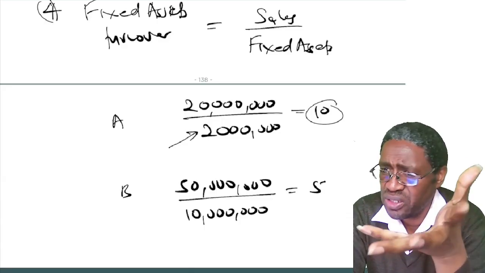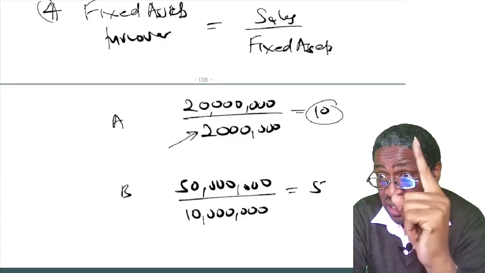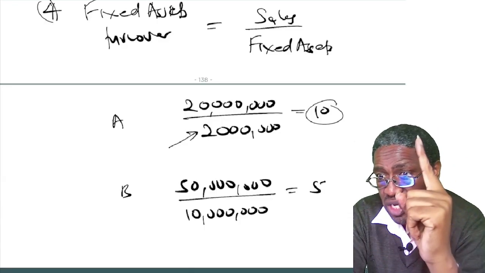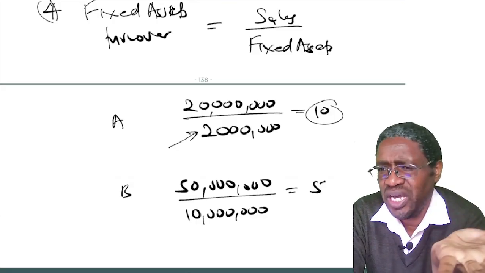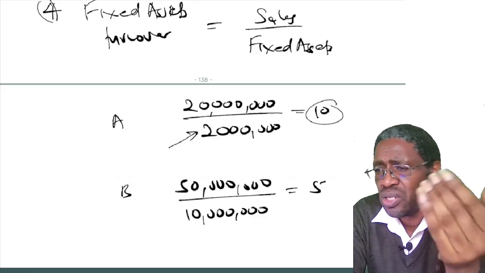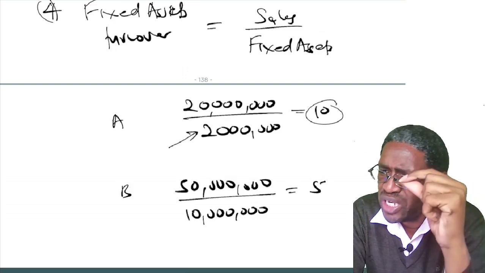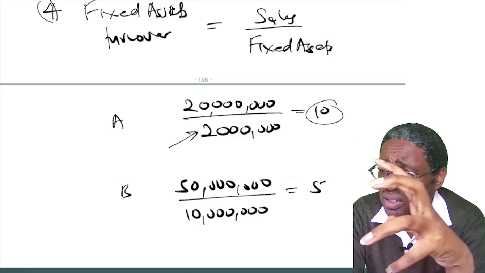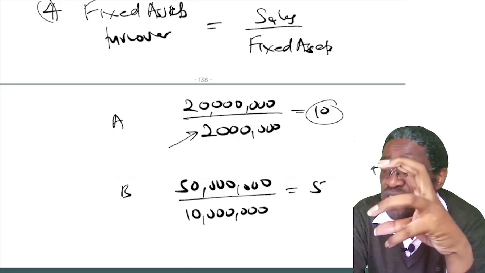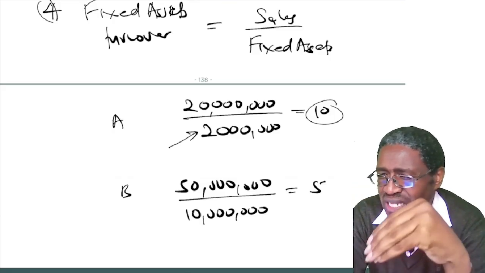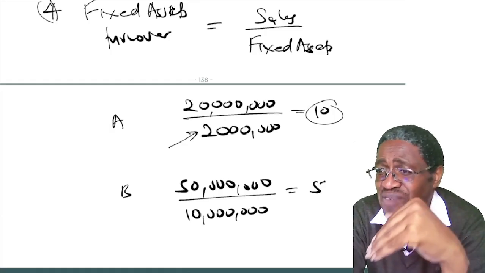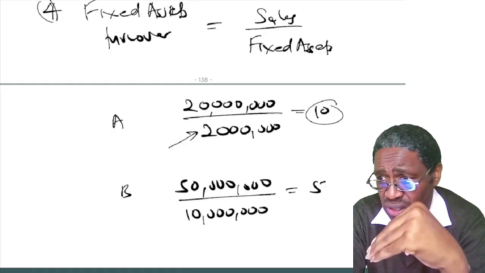It is obvious company A is better. Though the sales and fixed assets of company B are more, we are not looking at the magnitude of their sales or their fixed assets. We are looking at the ability to utilize the available resources.